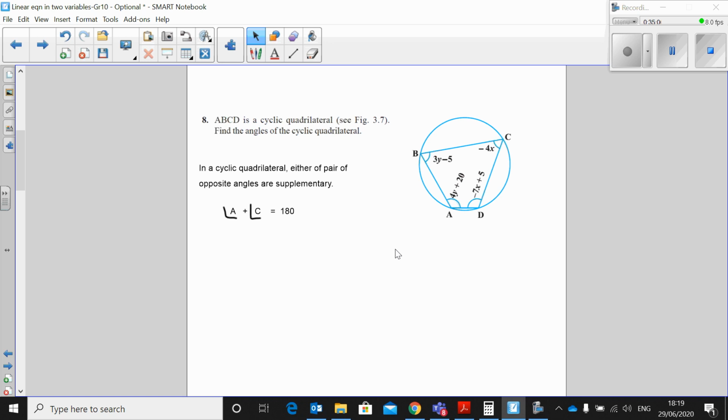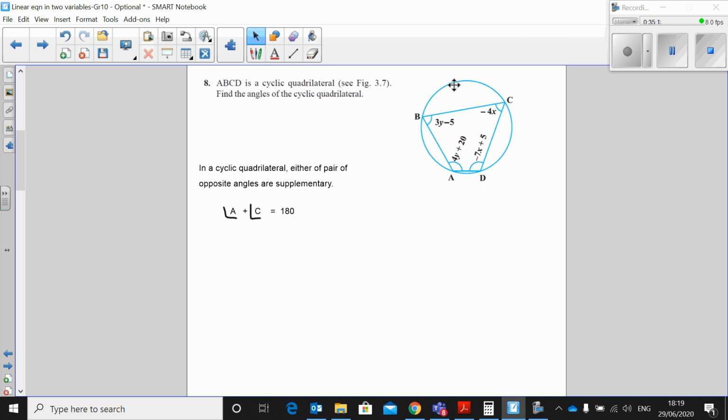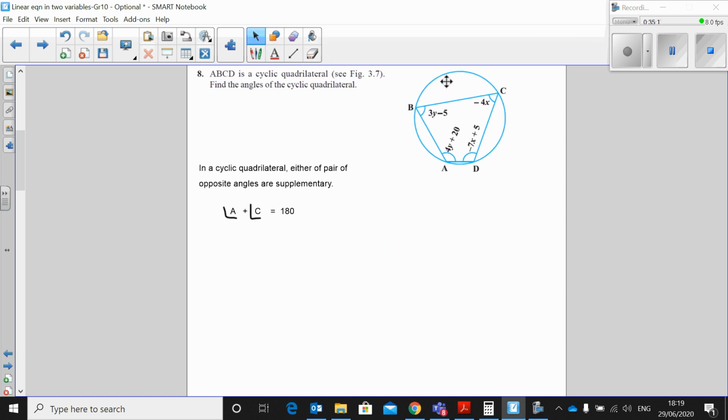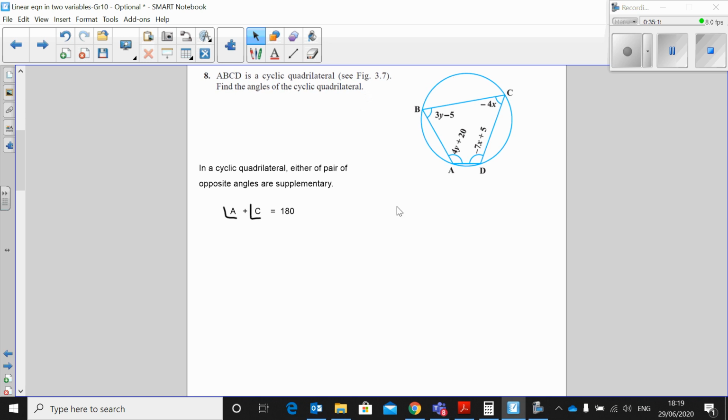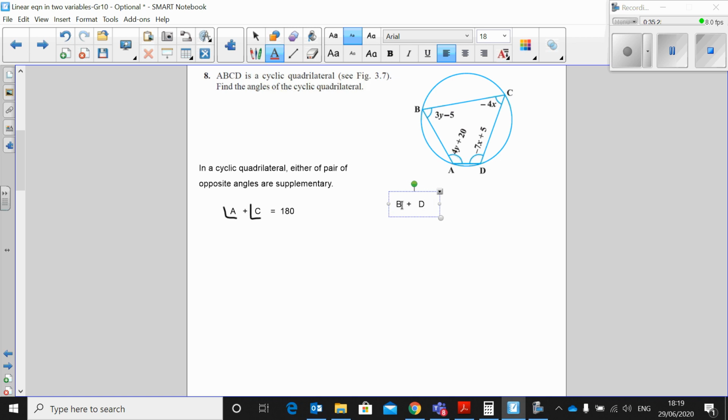And then the other case, angle B plus angle D equal to 180 degrees.